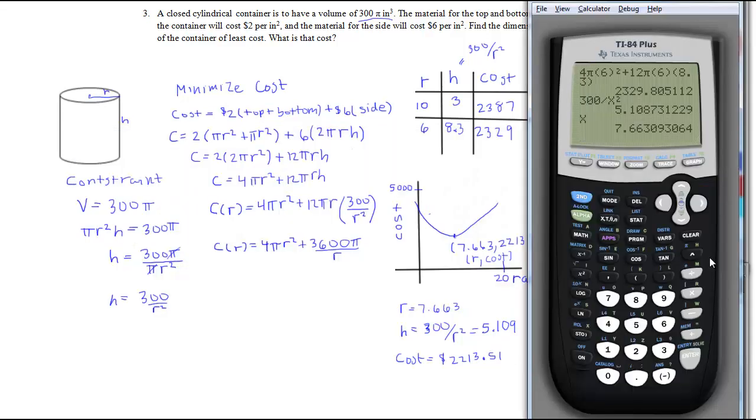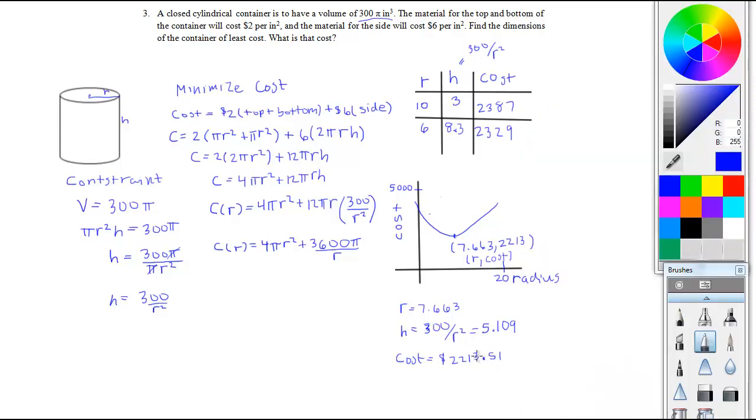Was that right? Second calc, minimum, move to the left, move to the right, enter. Oh, yep, 81. So 2,213 and 81 cents. All right, there you go.